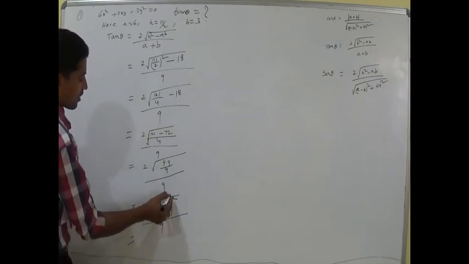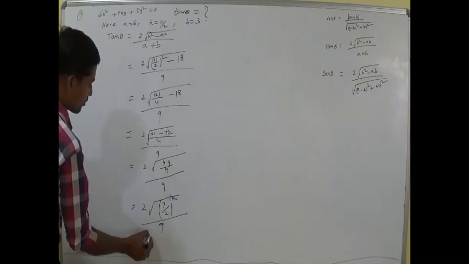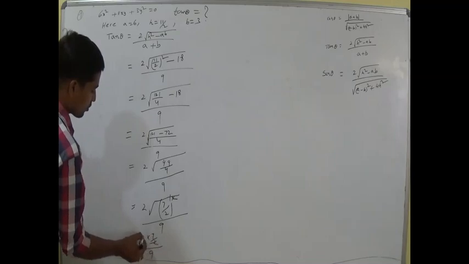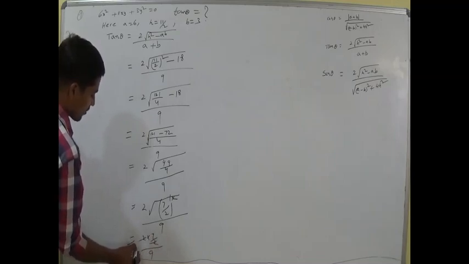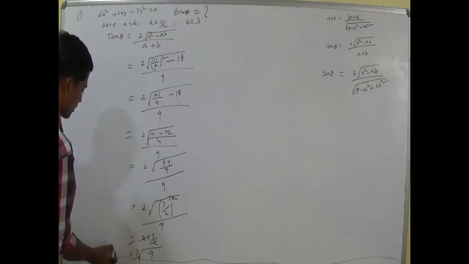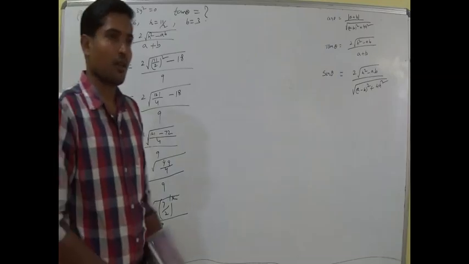Square and root cancel. Then 2 into 7 by 2 by 9, the 2s are cancelled, which is equal to 7 by 9. Therefore tan theta equal to 7 by 9. It's a correct answer.